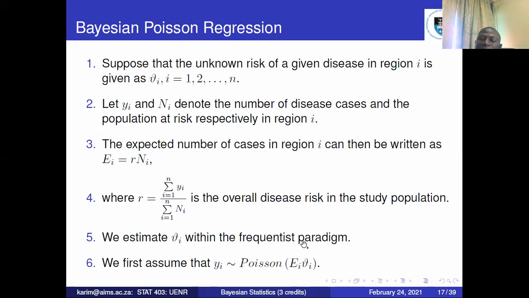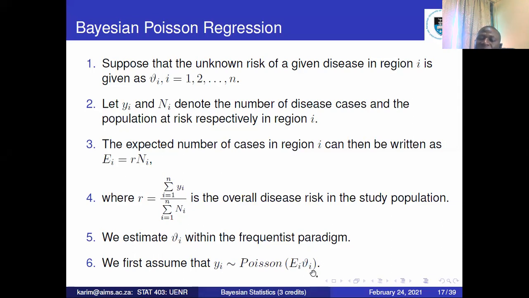Now, under the frequentist framework, if we know that the data follows a Poisson distribution, remember when data follows the Poisson distribution, we have the rate, which is always denoted by lambda. But in this case, our rate is the variable that we have here.